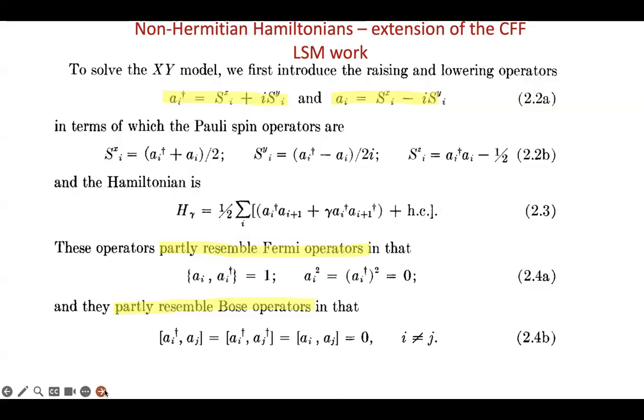So what happens now? This transformation, this quote unquote first quantization, is not enough. You have to go to second quantization. What is second quantization? Now you have to make another set of operators that are made out of A_i and A dagger, which are only fermionic or only bosonic. In this case, only fermionic.